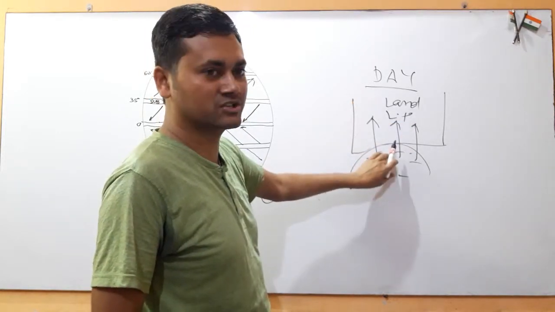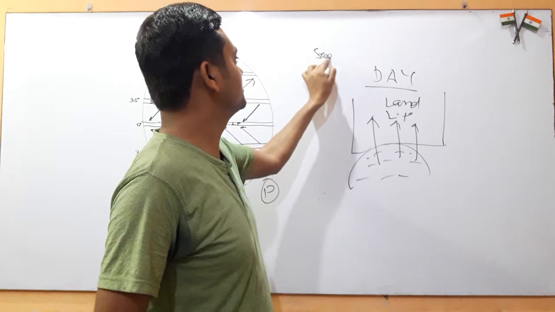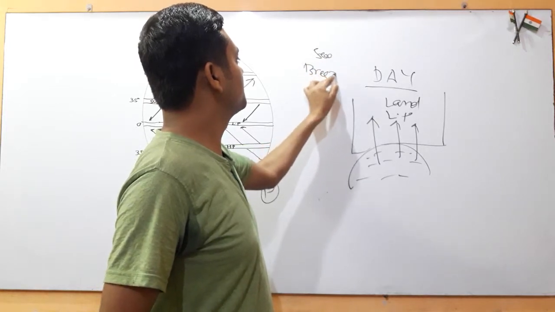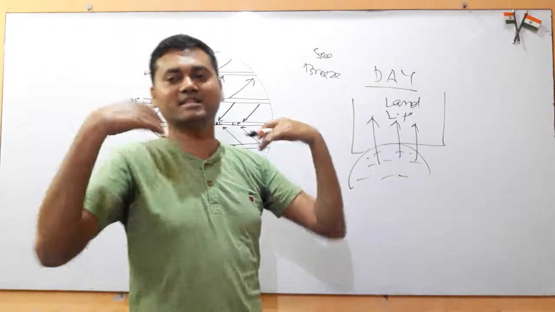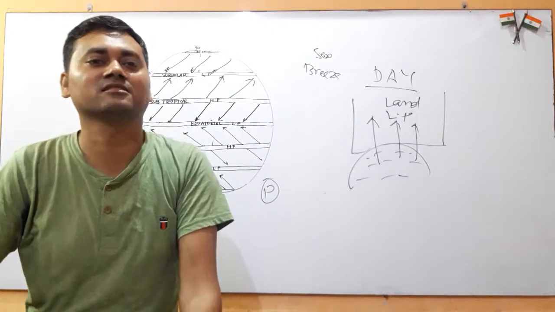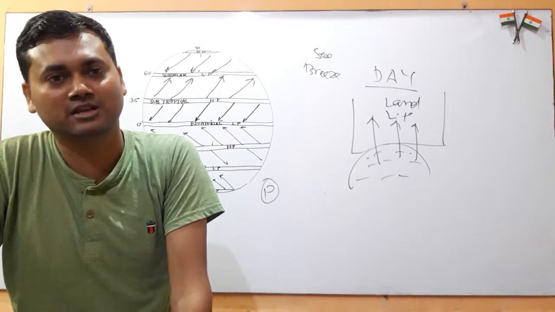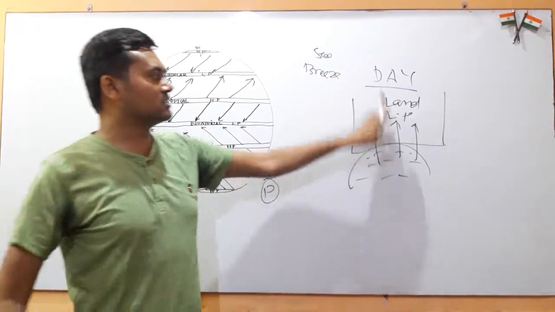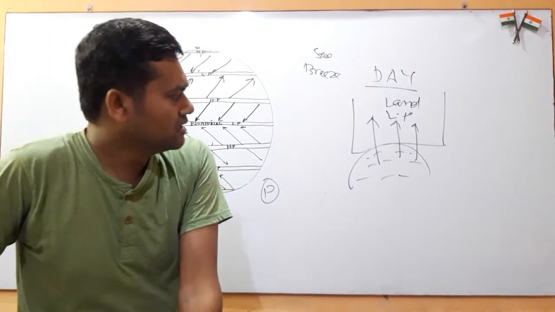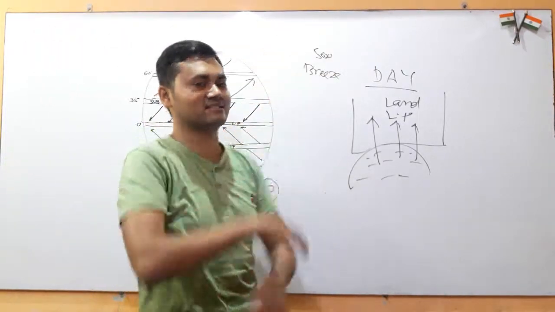And if it is coming from the sea, it is known as the sea breeze. Whatever the source is, the name starts with that one. If the land is the source, it would be known as the land breeze. So this is the sea breeze.